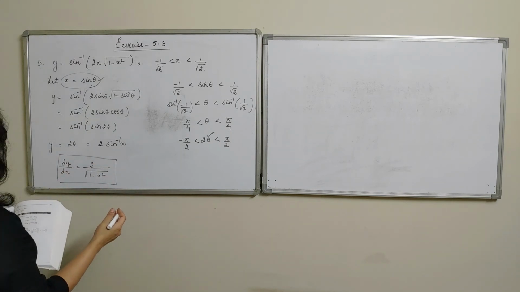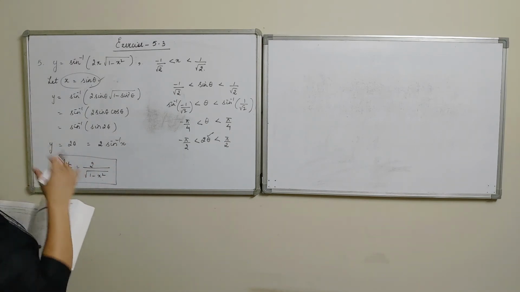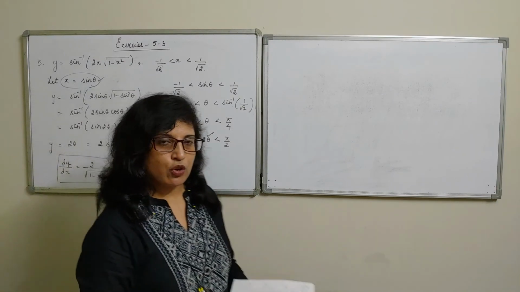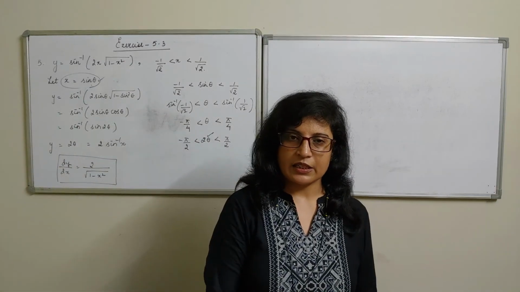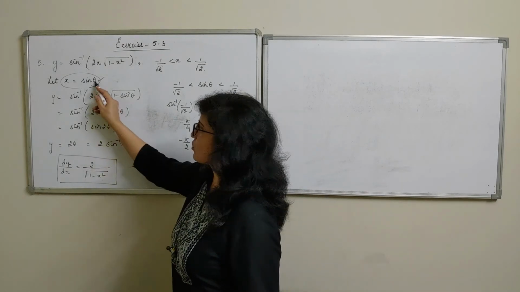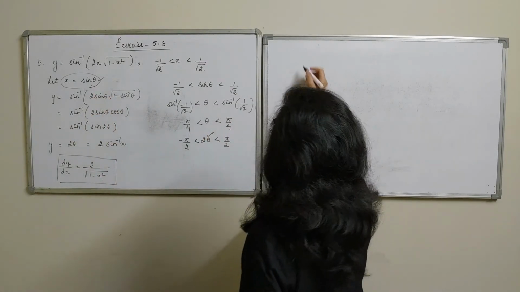Now while solving this question, I think an idea must have come into your mind that instead of substituting x as sine theta, we can also use here x as cos theta. So let's just try.